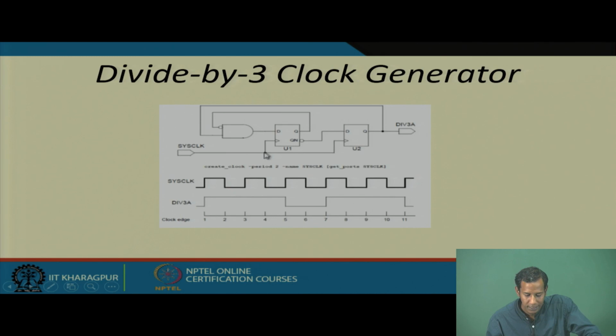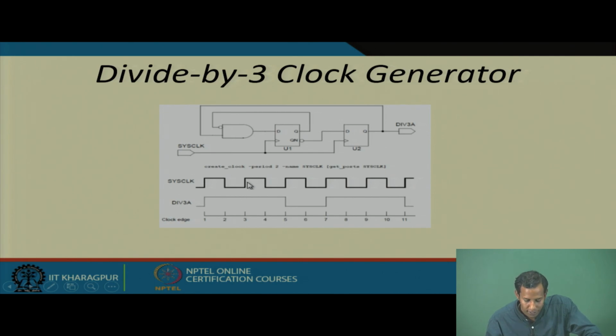So, suppose this is the input system clock. Whenever at this particular clock edge the Q is 0 and this Q bar is 1, at that particular time this is 1 and this is 0, which means this is also 1. So, this D input will be just 1. Now it will try to go up to this.